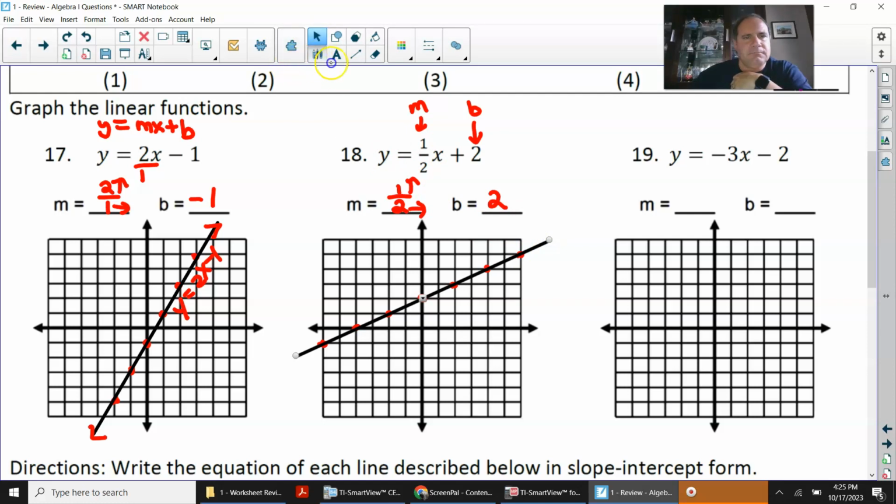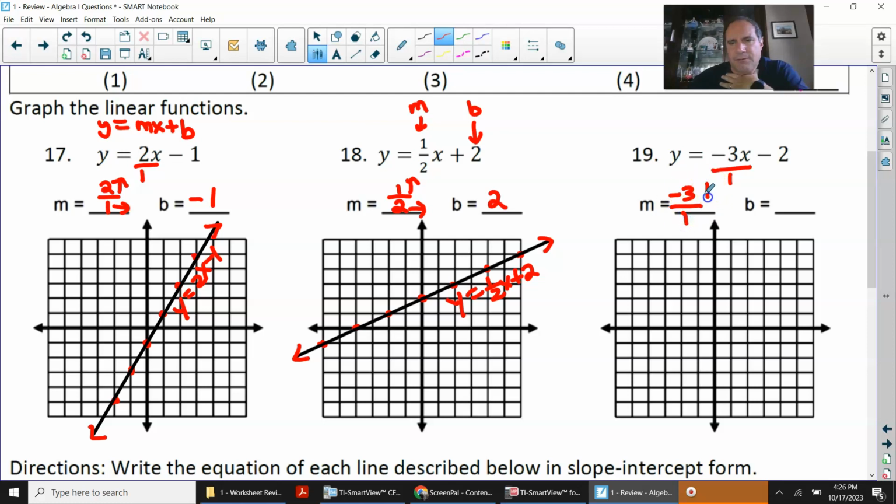And that's it. Just going to get that straight, put arrows on the ends, and then do y equals 1/2 x plus 2. For -3/1, we're going to go down 3, to the right 1, and then -2. So this is your y-intercept.